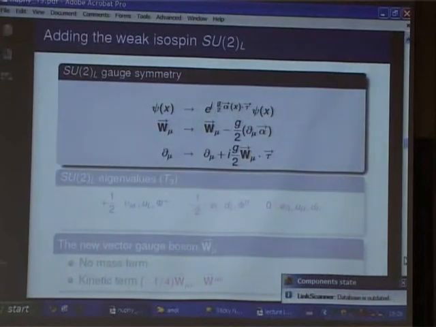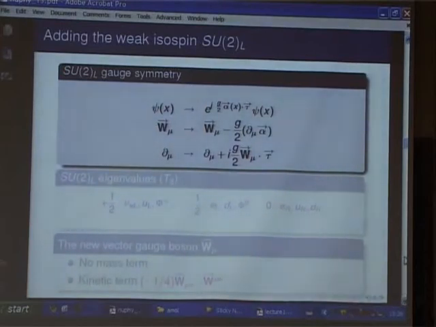SU2 does not act on a single particle. SU2 acts on a doublet. So it is actually like multiplying a doublet, a vector, by a matrix. Earlier you were multiplying a single wave function by a phase. Now you are going to multiply a pair of wave functions by a matrix.